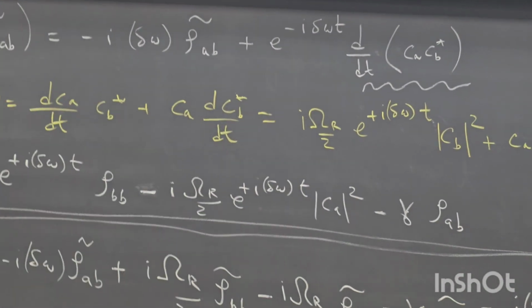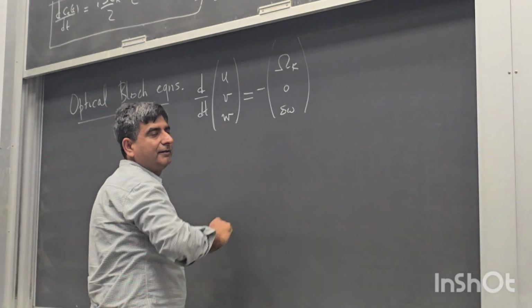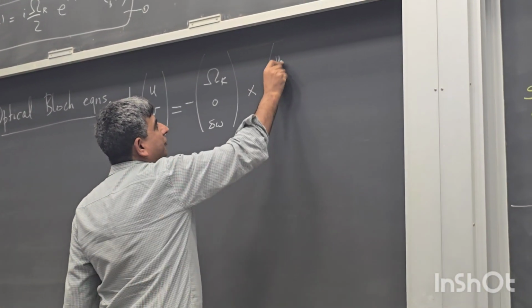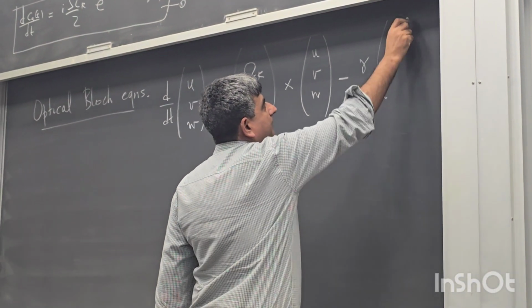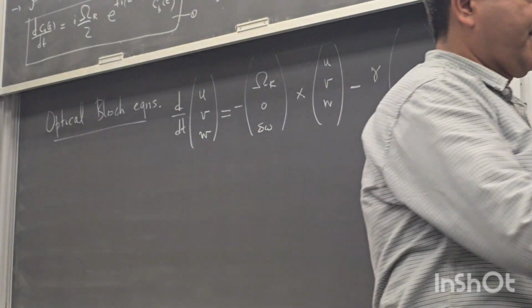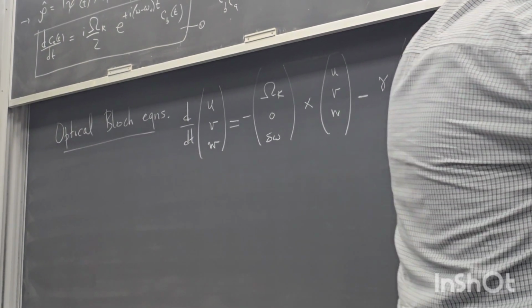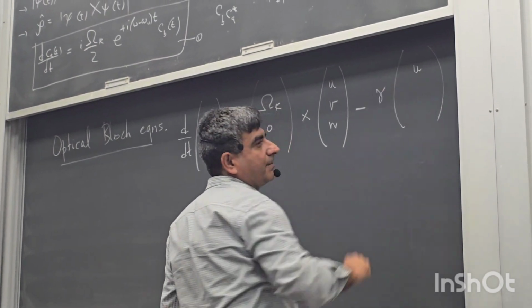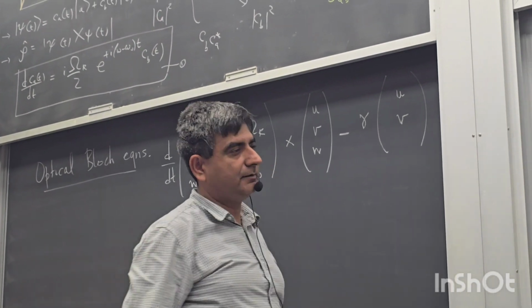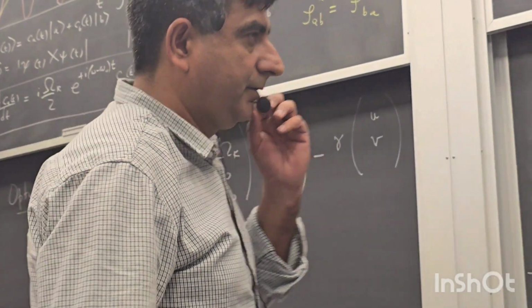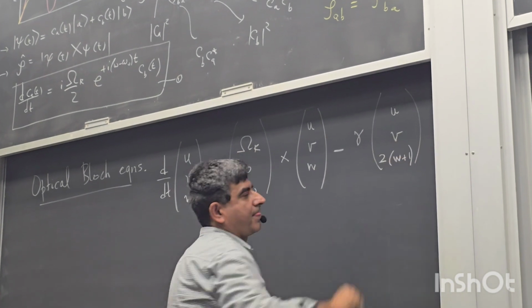I can write these equations in the form of minus omega r, 0, delta omega, cross product with U, V, W, minus gamma U, V and so on.